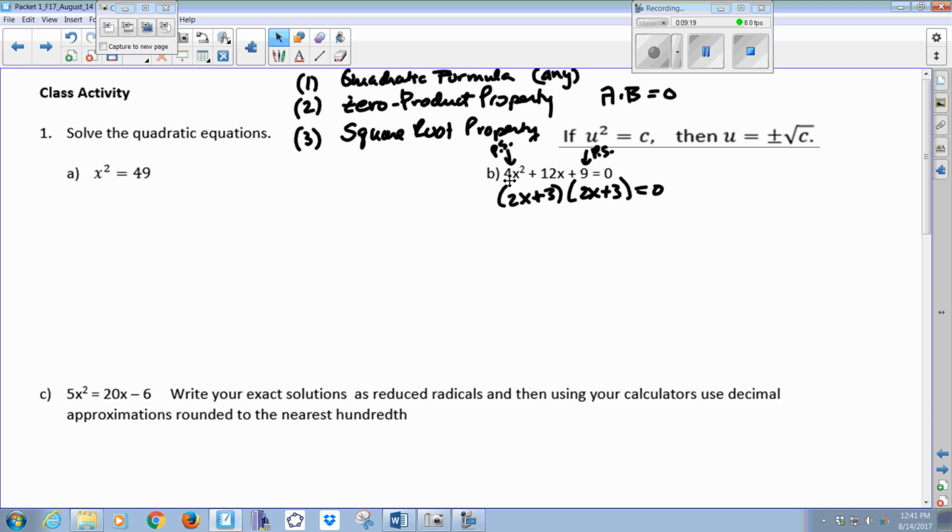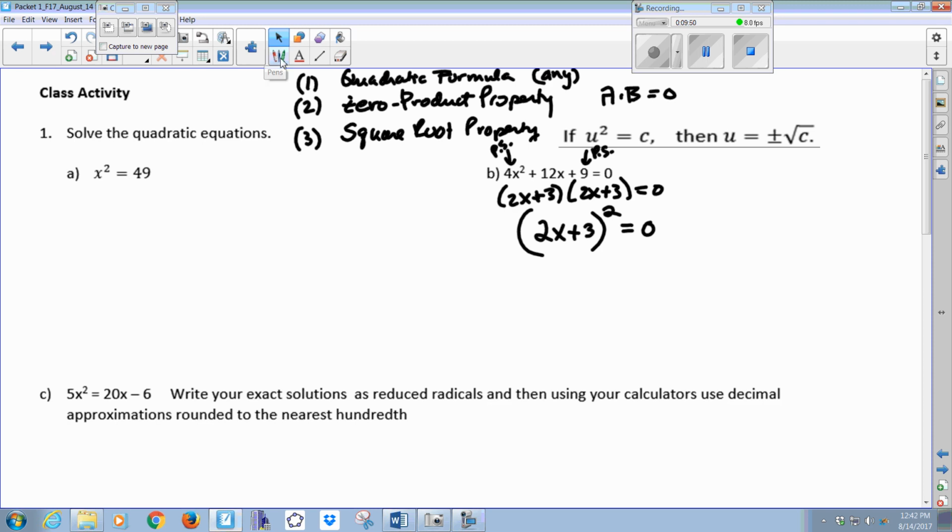What do you square to get 4x squared? 2x. What do you square to get 9? 3. 2x times 3 is 6, and notice your middle term is double. 2x times 3 is 6x. Your middle term's double that. So that means both of your factors, 2x plus 3, are identical, which means this is a perfect square. You can write this as 2x plus 3 quantity squared equals 0.